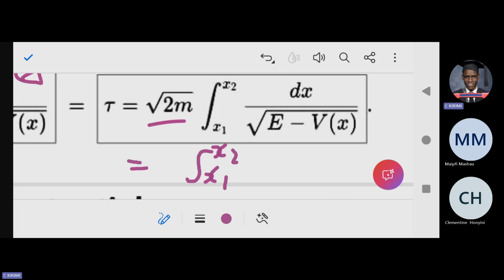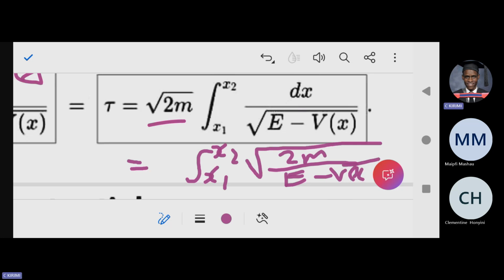Then you say square root. Everything is under the square root, the numerator and the denominator. Square root of what? Of 2m over E minus V of x. That's what we are saying.